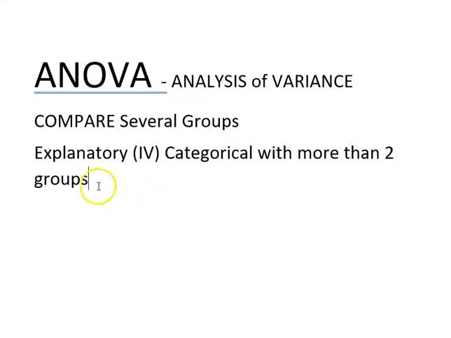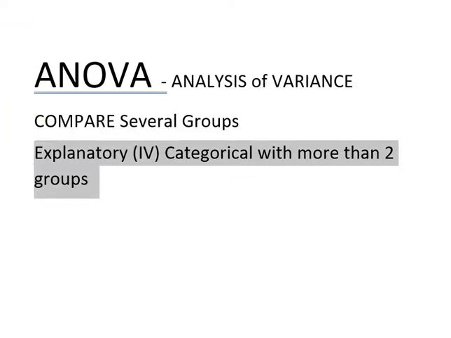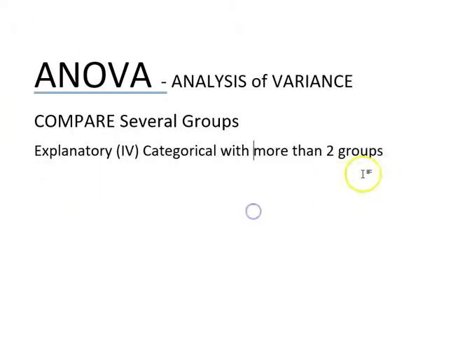If two groups, what did we use? We used T-test, if you remember, or independent T-test, or paired T-test, or pooled T-test. So that's one thing. Second is our response variable, or our DV, has to be continuous or numerical.